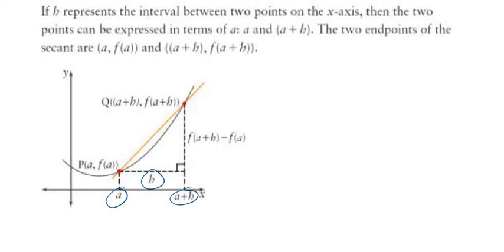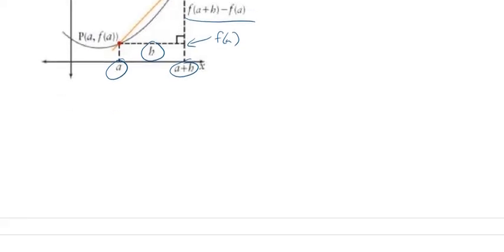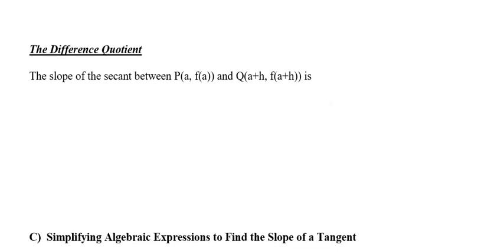And then for our y's, we're going to have f of a plus h, which is this one up here. This one down here is going to be f of a. So to find the difference in your y's, you're going to have f of a plus h minus f of a. So now, when we think of it like that, we get these 2 points, P and Q: a and f of a, and a plus h and f of a plus h.